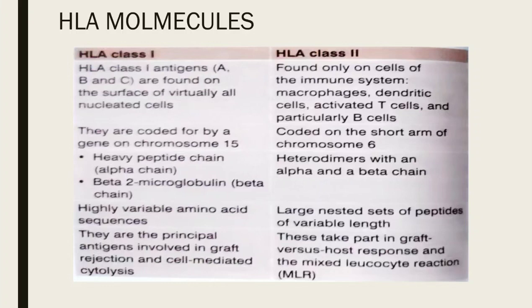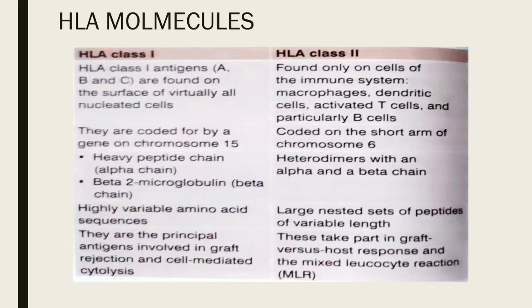So here are the HLA molecules, mainly class 1 and class 2. This is the main difference between HLA class 1 and HLA class 2. HLA class 1 antigens are found on the surface of virtually all nucleated cells, and HLA class 2 are found only on the cells of the immune system, that are macrophages, dendritic cells or activated T cells and particularly B cells.